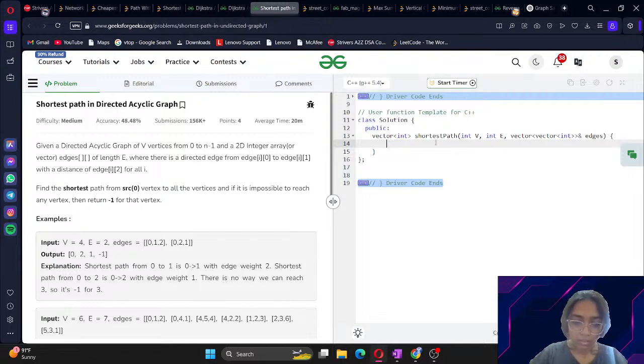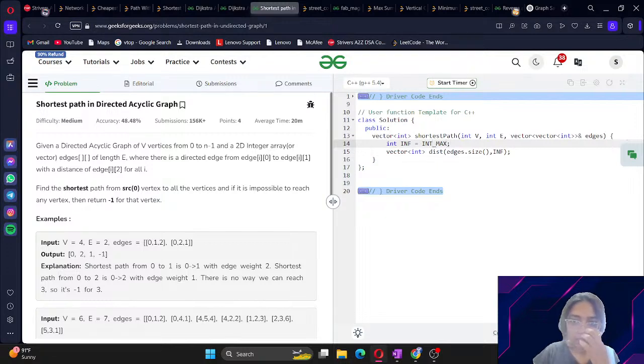So first we are gonna initialize distance vector, which is gonna be of size number of nodes, and it's gonna be initialized to infinity. And let us define infinity, which is gonna be int max. Right.